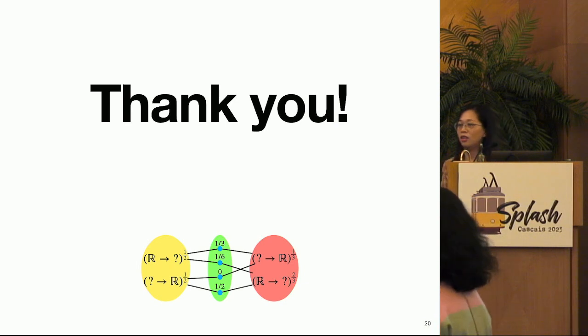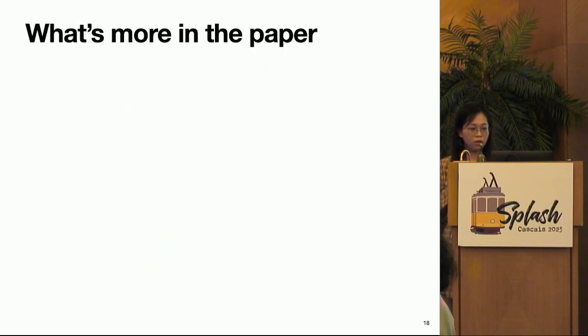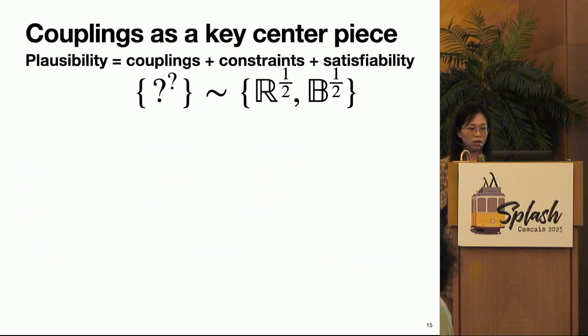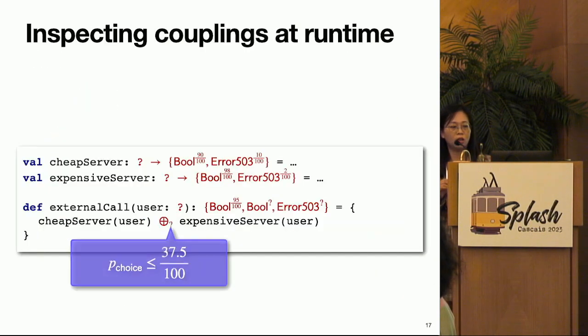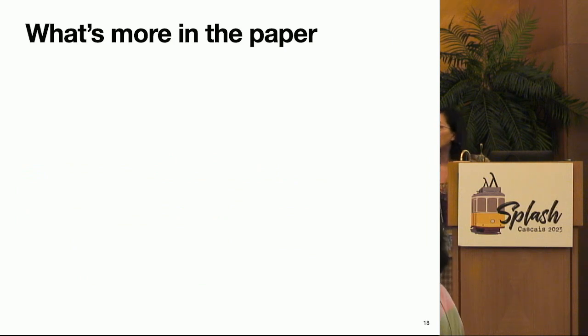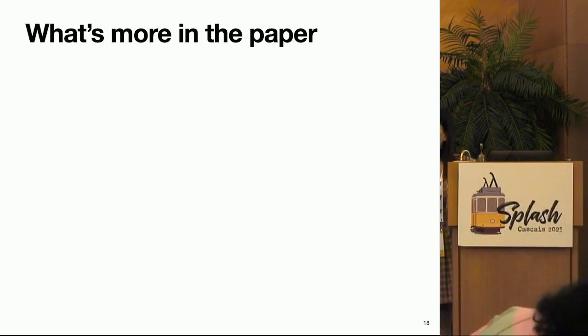Sorry, I had a question about your dynamic gradual guarantee. The example you showed had the value in the distribution becoming more precise, going from dynamic to a precise value. But can you also increase the probability of an error when you add type precision to a term?